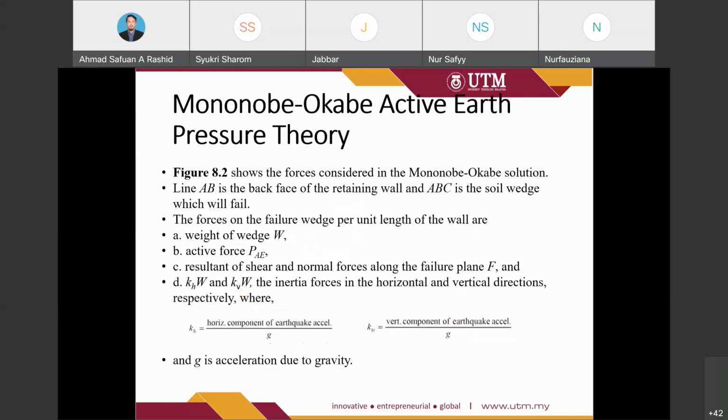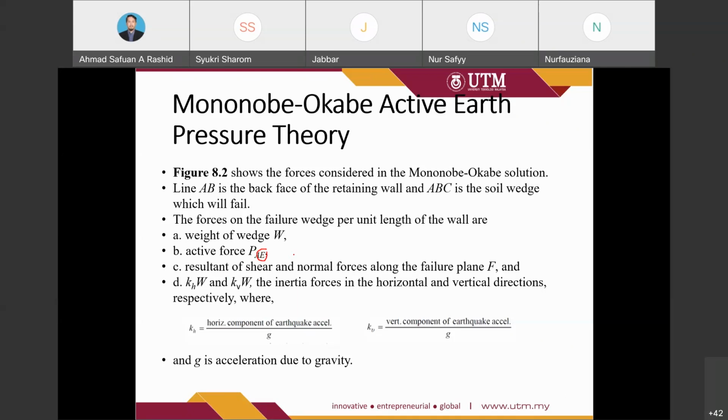The line AB is the back face of the retaining wall, and ABC is the wedge which will fail. The forces on the failure wedge, per unit length of the wall, include the weight W. Then the active force, where they include the E in the notation to represent the earthquake.